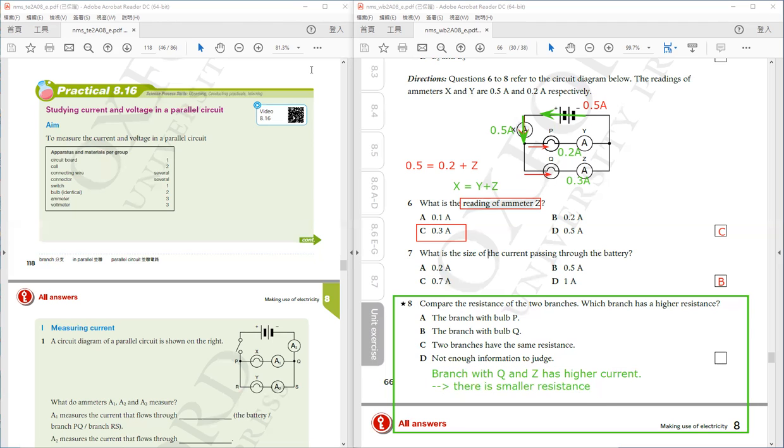On the other hand, we can also say branch with P and Y has smaller current. Therefore, there is higher resistance. So I will choose A.